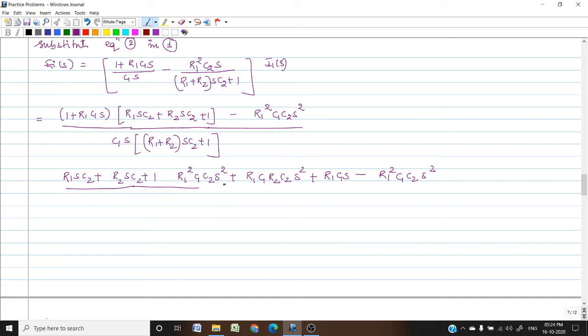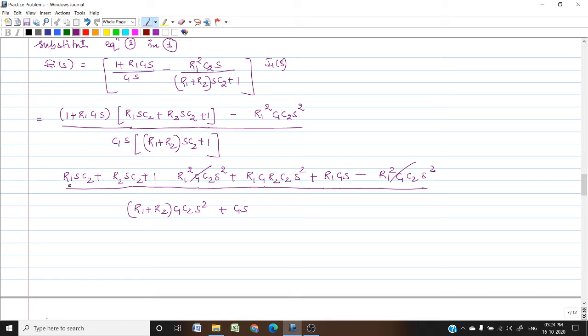and the denominator will be (R1 plus R2) C1 C2 S square plus C1 S. So in this you can see R1 square C1 C2 S square and minus R1 square C1 C2 S square, these two terms get cancelled.